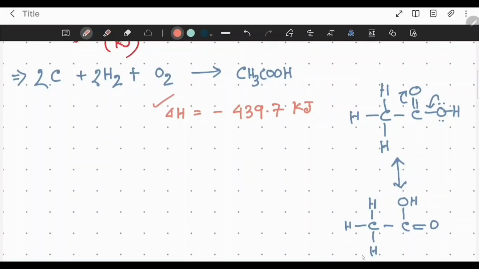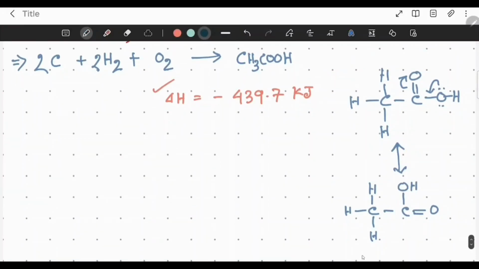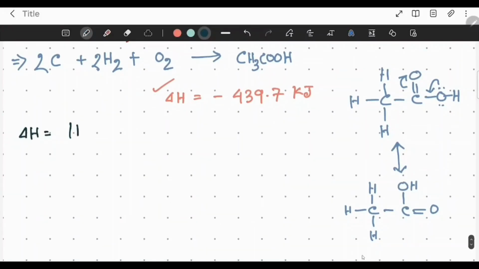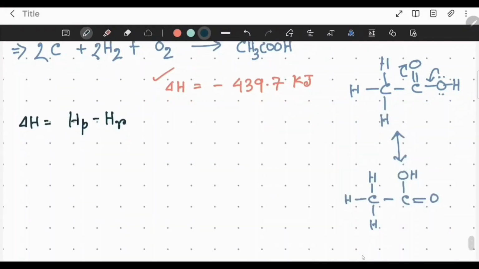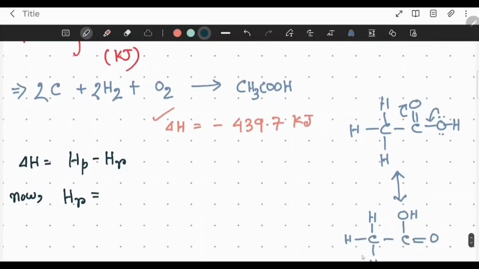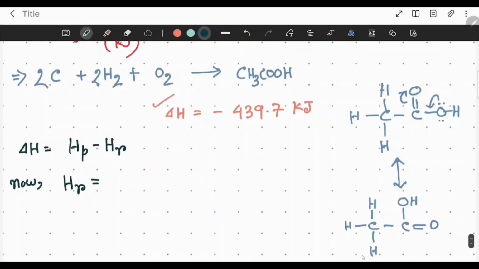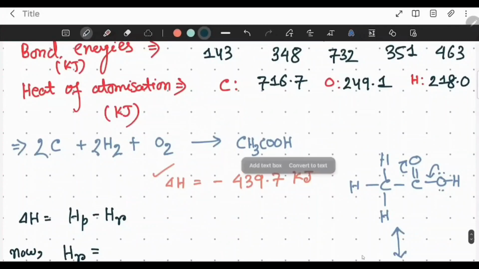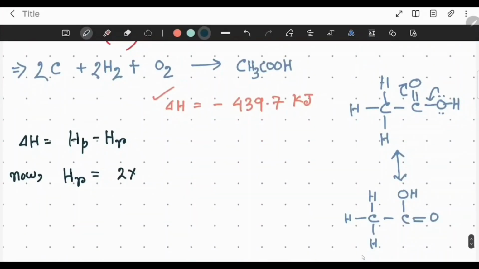This is not the experimental result. But let's say this del H should be equal to HP minus HR. So what is HP or HR? First HR. HR will be the heat of atomization for 2 carbon, which is 2 into, minus.